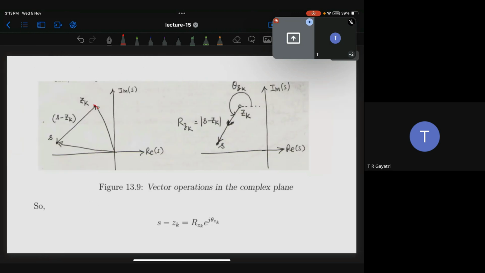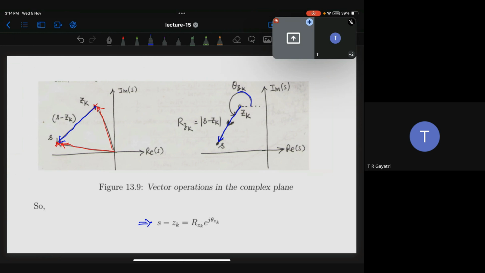Now let's say we have this zk. Zk is a complex number. Then let's say we have another complex number s. Now we want to find the quantity which is the difference between s and zk. So how can you find it?